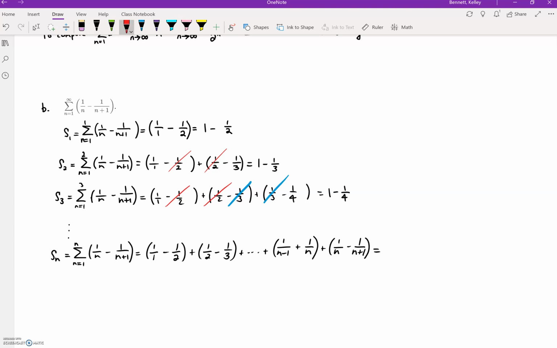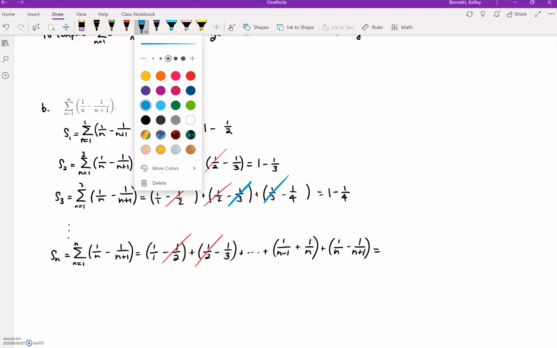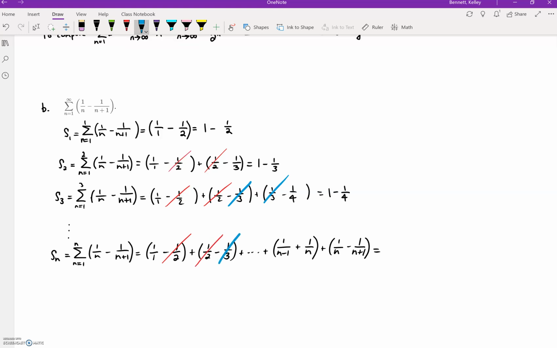So we're going to get all this cancellation out. So 1/2 and 1/2. We know that 1/3 cancels out with something beyond the dots.